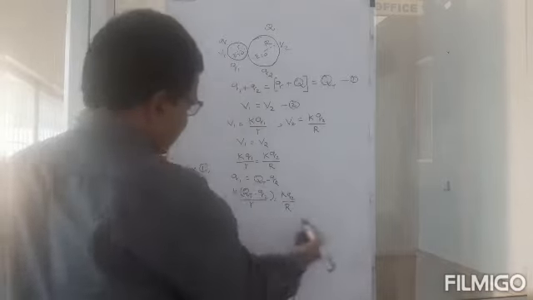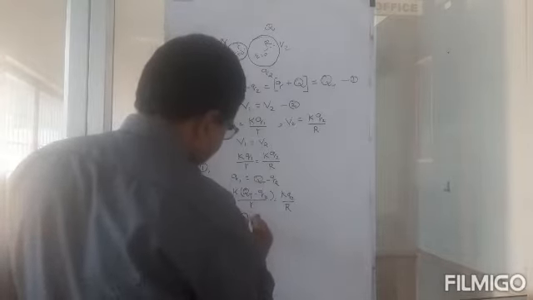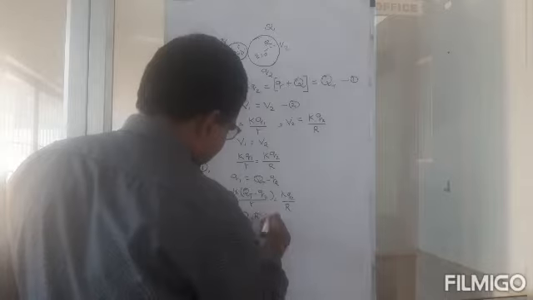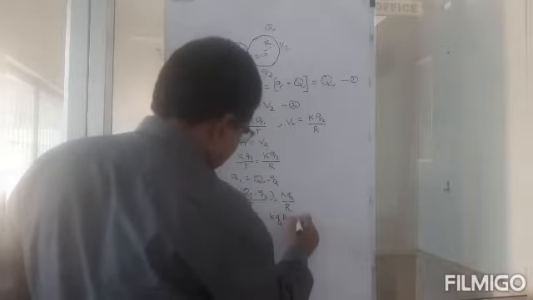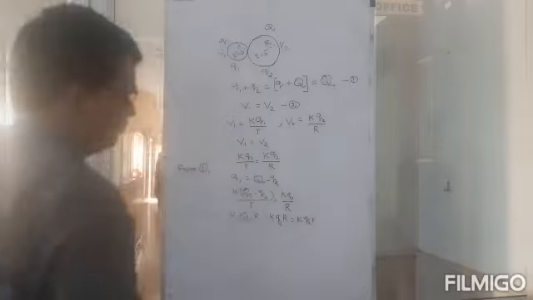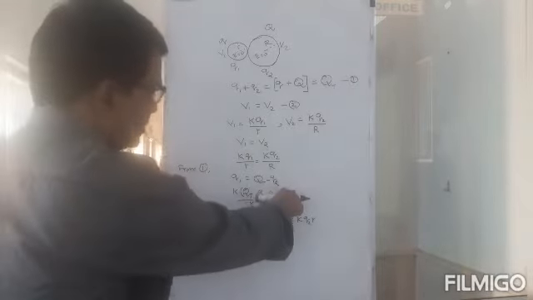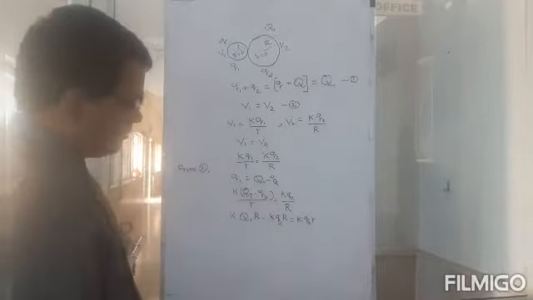So I bring R here, that gives me K Qt R minus K Q2 R equal to K Q2 r. I've taken R to the other side and this r to this side.